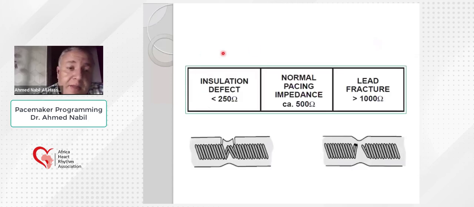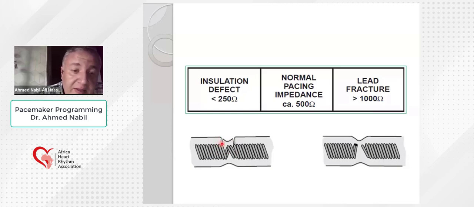If we find a very low impedance, less than 250 ohms, this may raise the suspicion of an insulation defect, which means that there is a defect in the layer of insulation surrounding the coils of the lead.